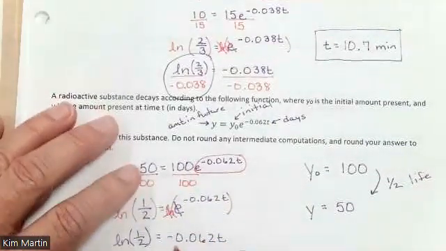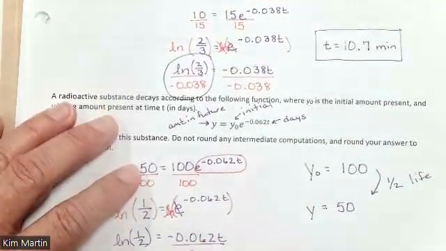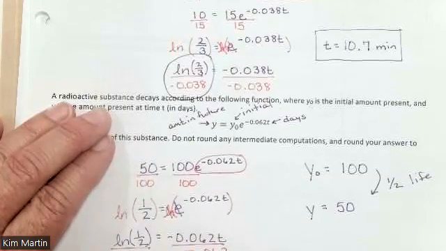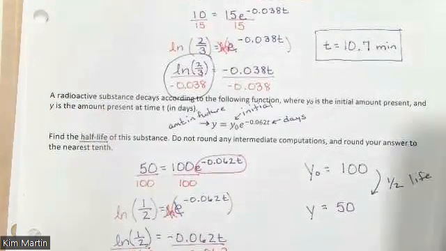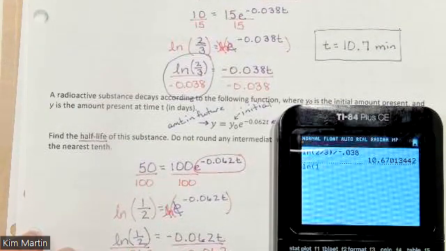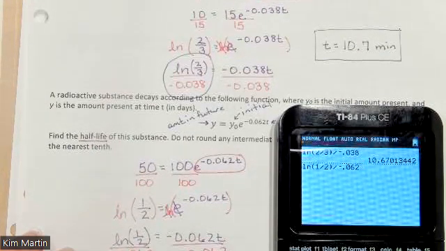Now we're going to divide by negative 0.062. And so on our calculator, we are going to do the natural log of 1/2 divided by negative 0.062.